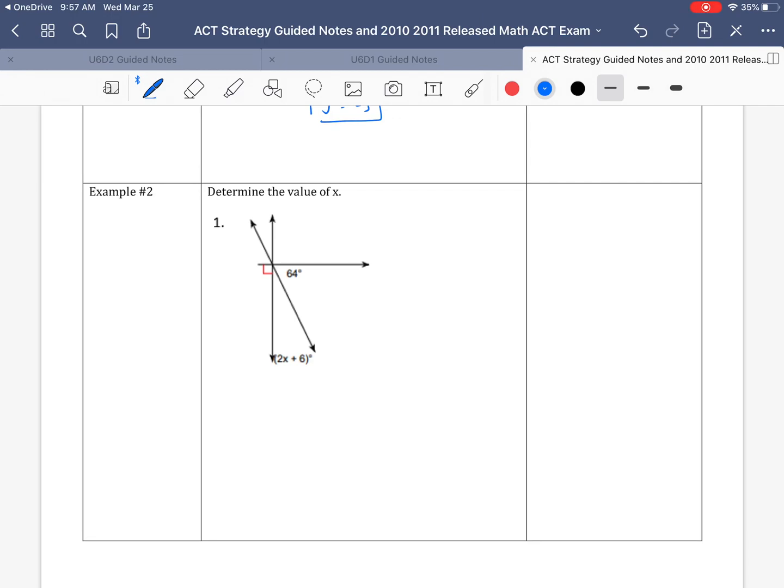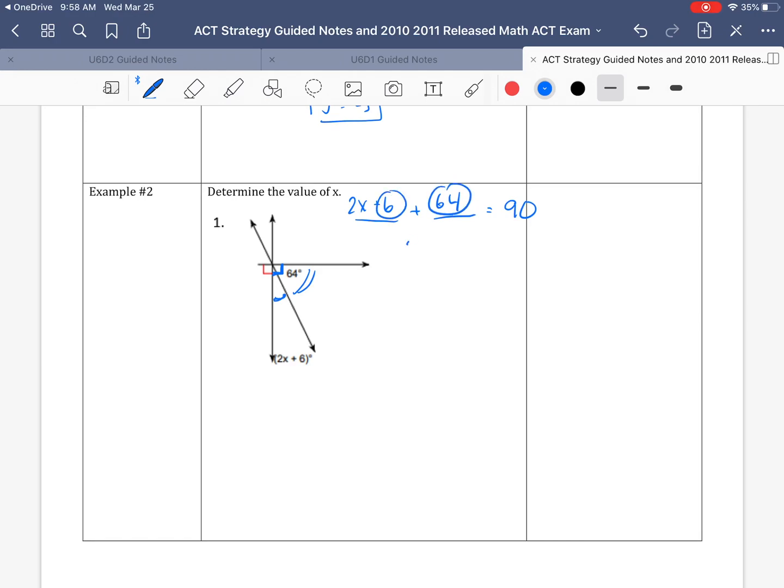All right, here it says to determine the value of x. Now, what I can see is that we have this corner, and then we have this angle measure, and then this angle measure. Since we have a corner, we're going to be using our complementary equation stem. So we have something plus something equals 90 degrees. In this case, 2x plus 6 plus 64 equals 90.